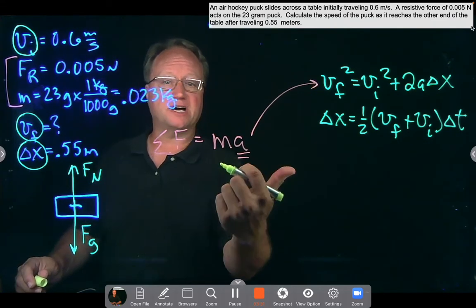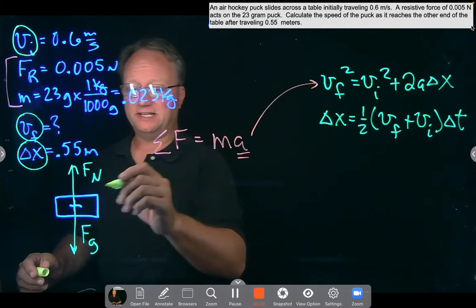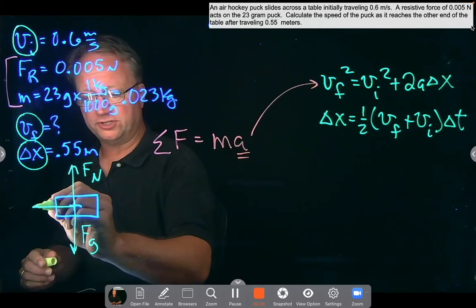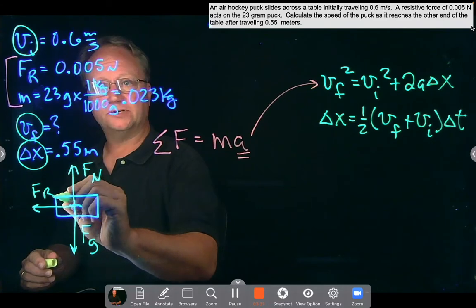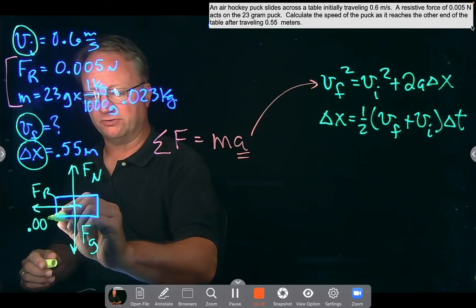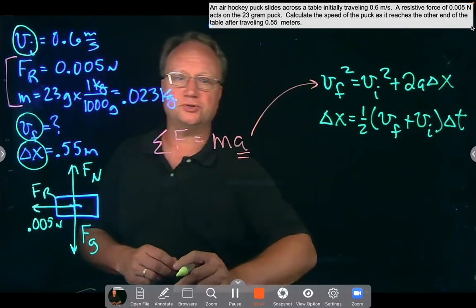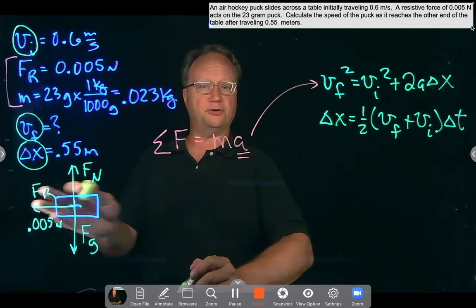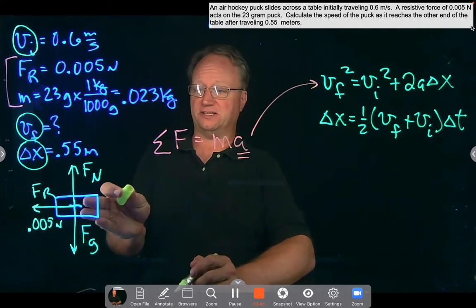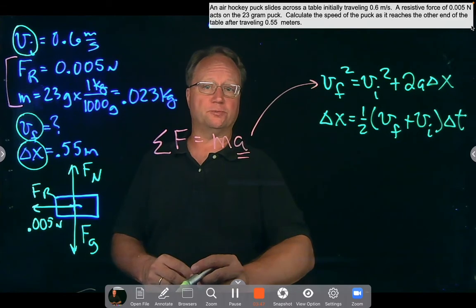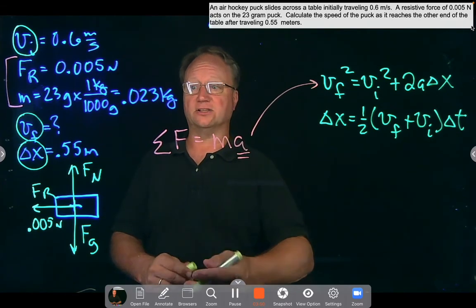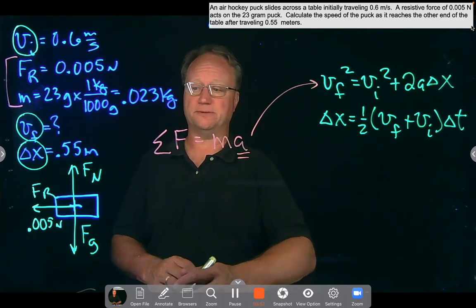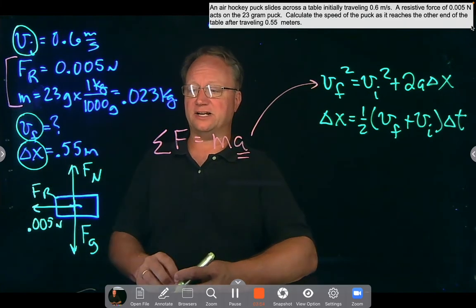I'm going to assume that the hockey puck is moving to the right. Therefore, the resistive force, which we said was 0.005 newtons, would be acting to the left. There is no forward force. There's nothing that's physically attached that is pushing or pulling on it. Okay, it's gliding basically due to inertia. So this is our free body diagram.